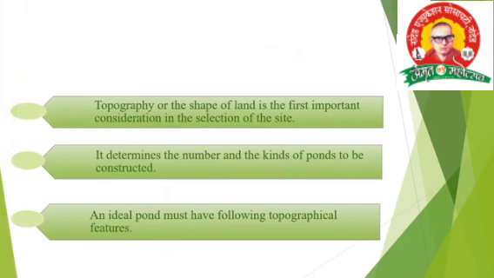Topography, or the layout of land, is the surface feature of the watershed. What I am telling is that the shape of the land is the first important consideration in the selection of the site. Topography of a site is important not only for the economics of actual construction but also for the cost of further maintenance.